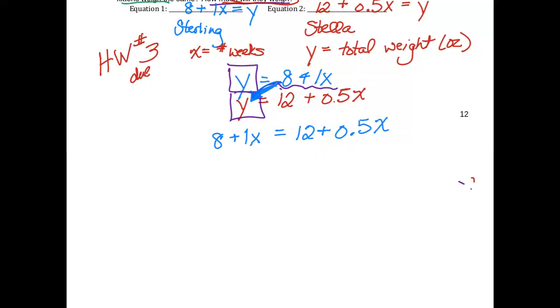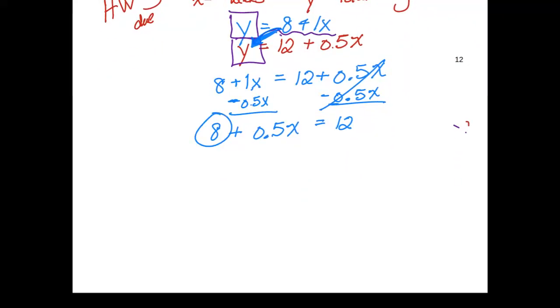You got a half an x and you have an x. So I'm going to take away 0.5x. That cancels out. You have 8. And 1x minus half an x is still going to be half an x. That's 0.5x. And that's equal to 12.